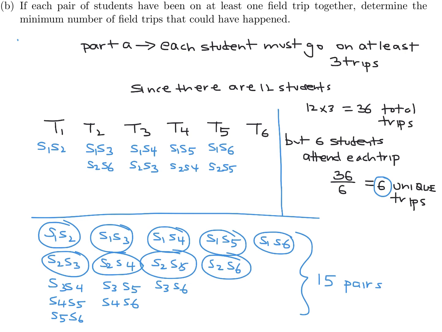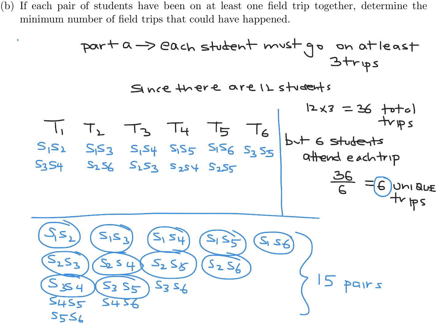S3, S4. Let's see here. S3, S4, I can put that here. S3, S5. I'll actually start utilizing this. I haven't done anything here. S3, S5, that can go there. S3, S6.